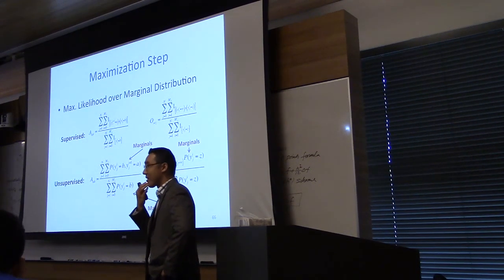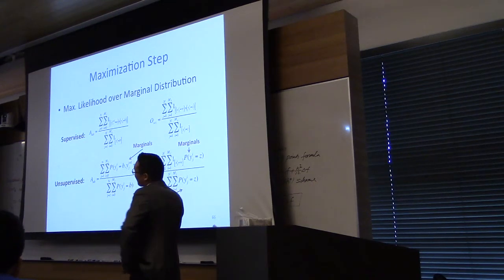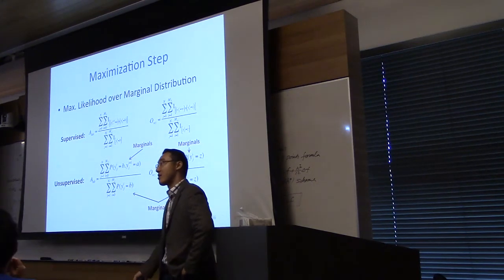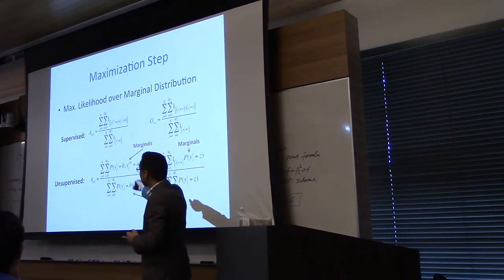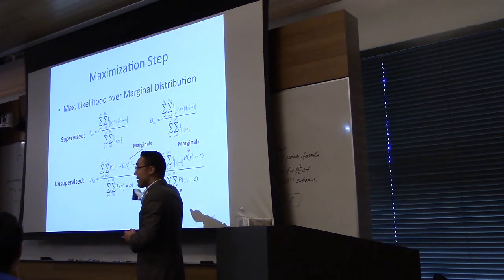Yeah, that's correct. So what people often do in practice is semi-supervised, where you have a small supervised set that you use as your initialization, and then you do this on the whole data set.